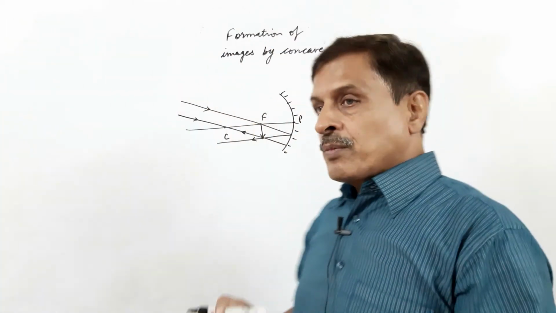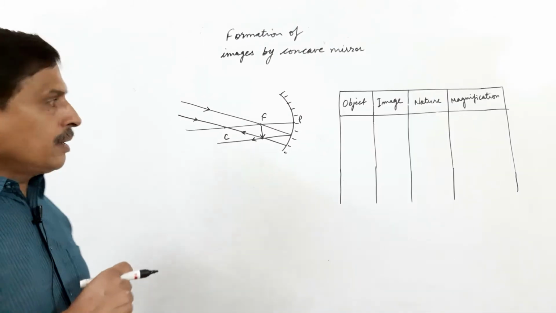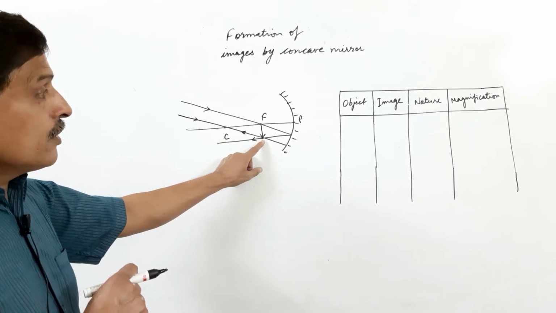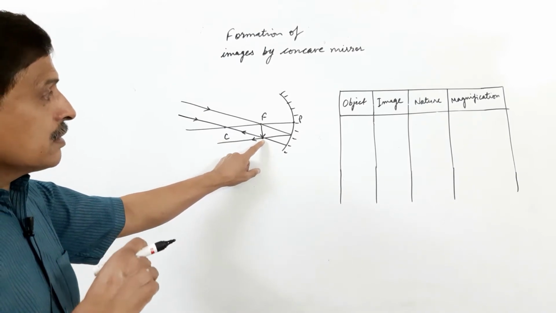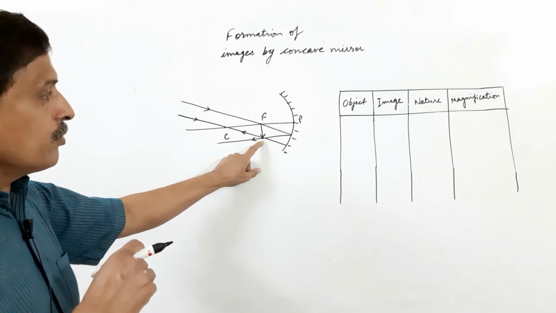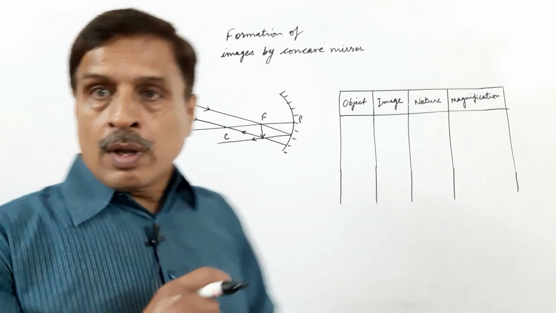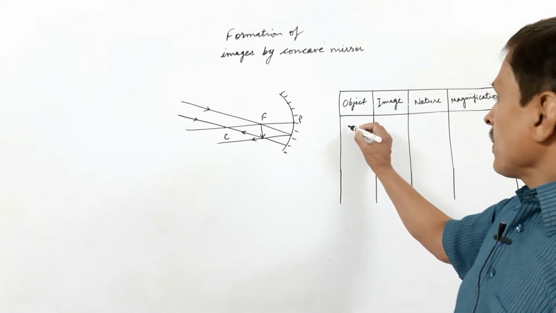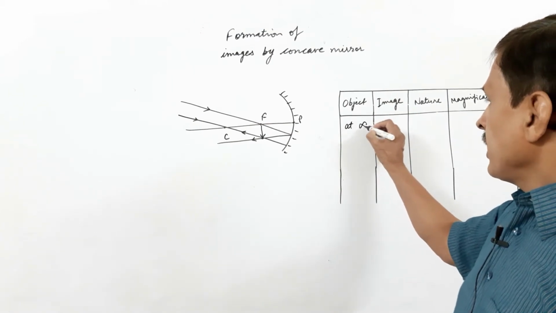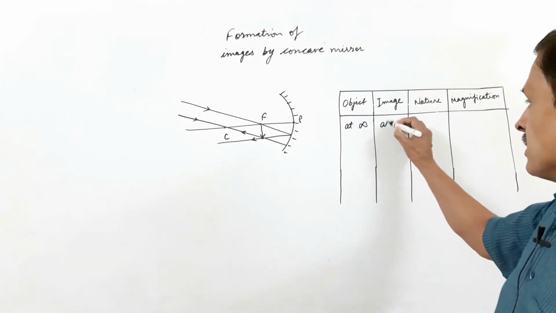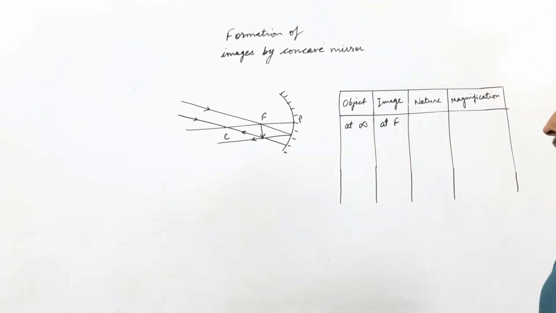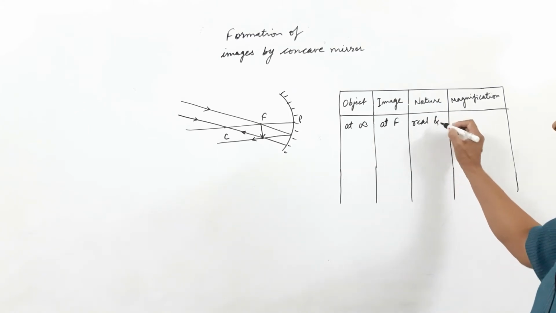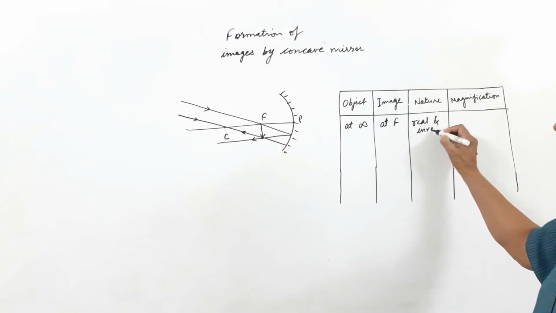If we look at the nature of the image formed, the two reflected rays intersect at a point which is at the focus, so the image is formed at the focus. In the first case, object at infinity, the image formed is at the focus, and the nature is real and inverted.